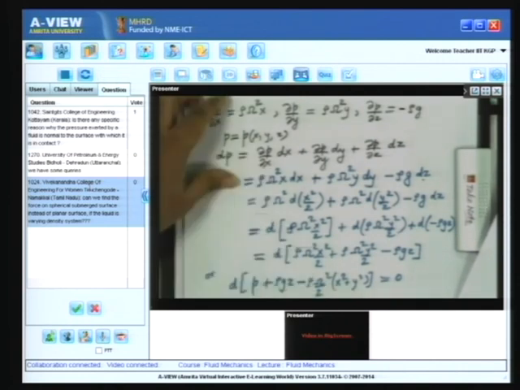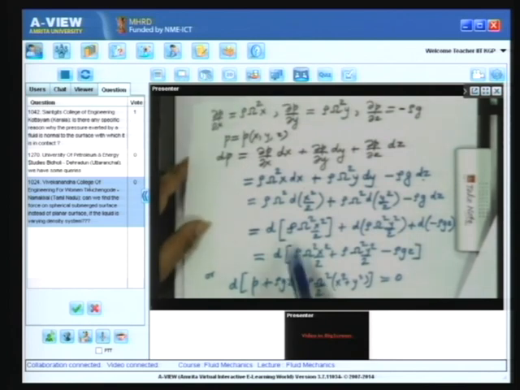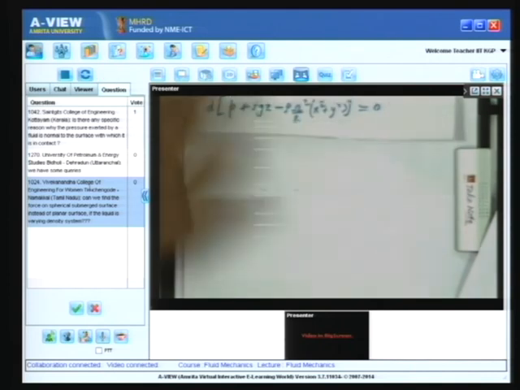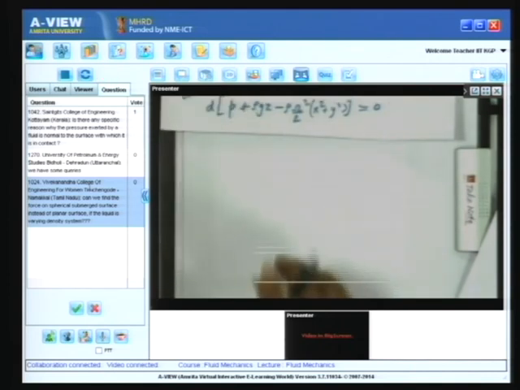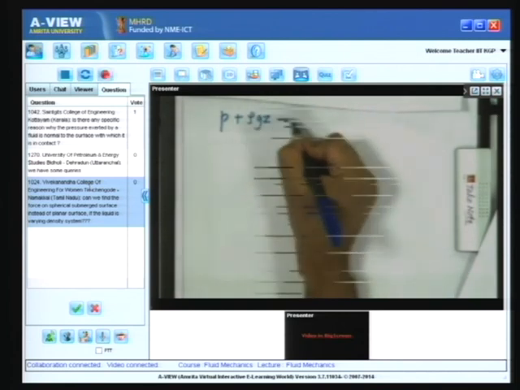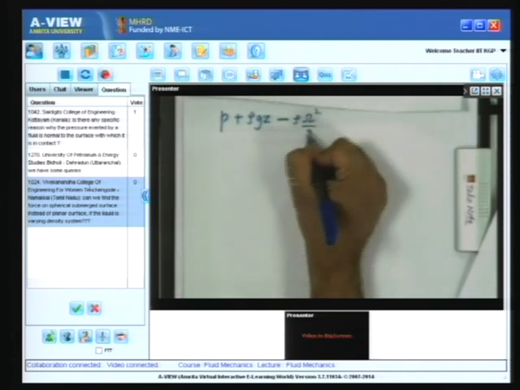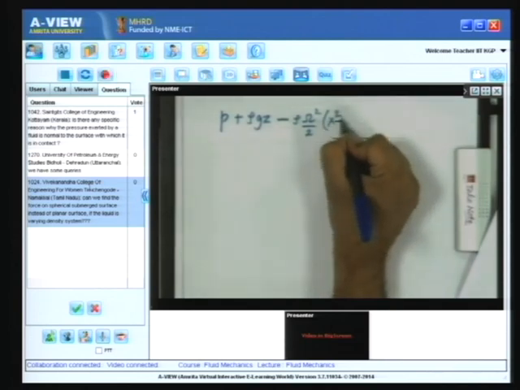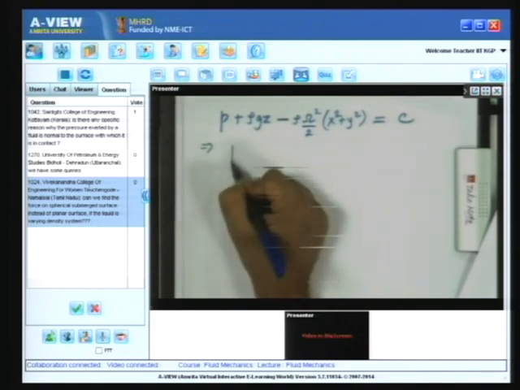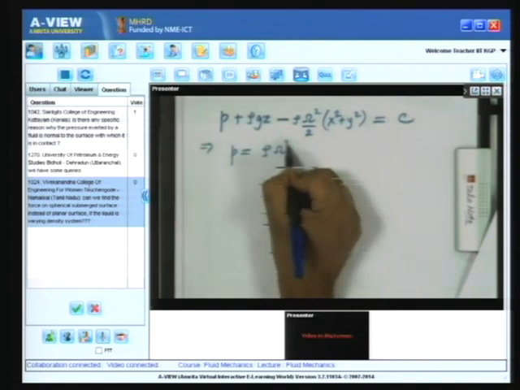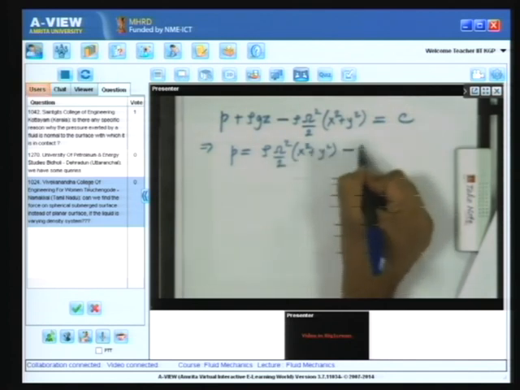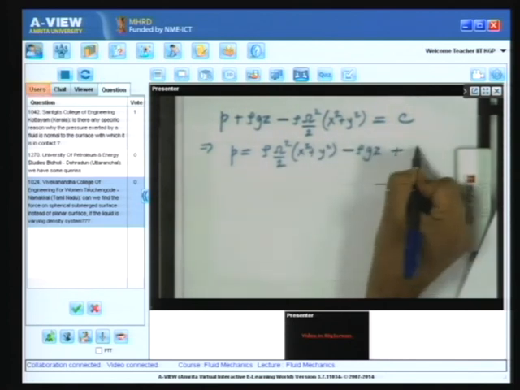Now, this shortcut of course does not work for all cases, only in some cases. In this case it works, so I thought you can quickly derive it from this. So, you have p plus rho g z minus rho omega squared by 2 (x squared plus y squared) is equal to a constant, which means that p is rho omega squared by 2 (x squared plus y squared) minus rho g z plus c.